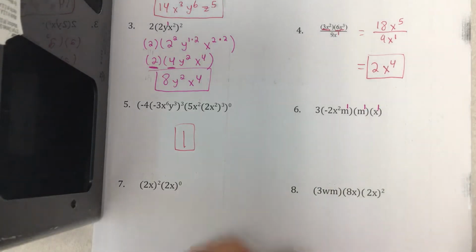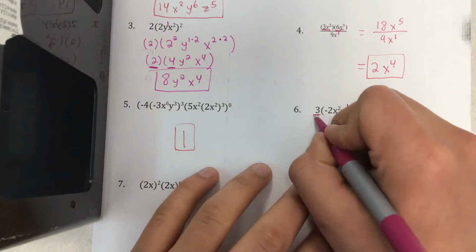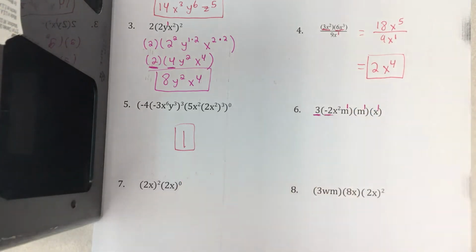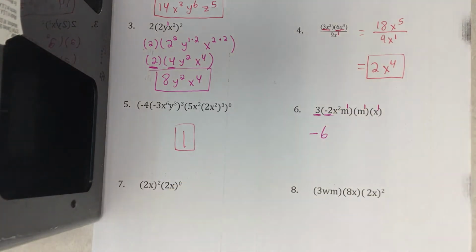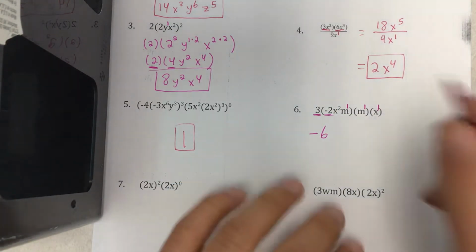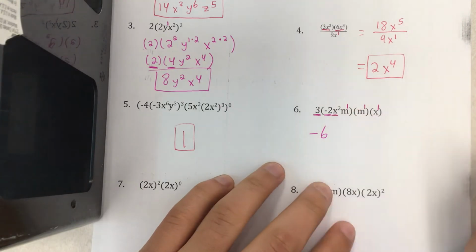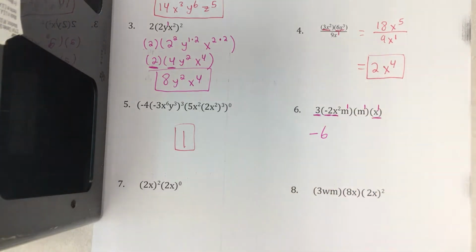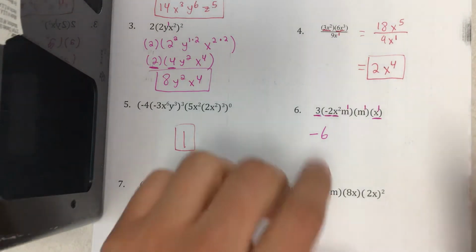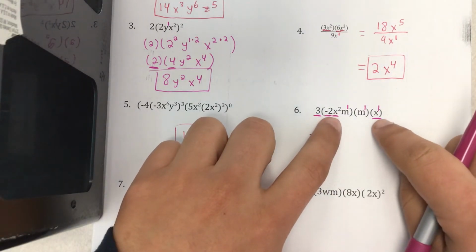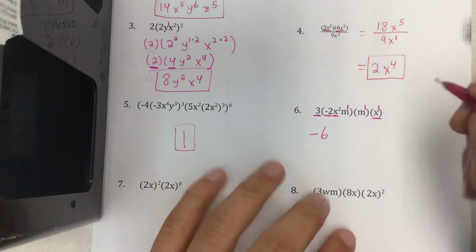So we're gonna start by multiplying. So we'll start with the coefficients. I have 3 and -2. 3 times -2 is -6. Okay? Then I go to my x. So I have x squared here, x to the first here. Okay? So remember, product rule, when you have two terms with the same base, add the exponents.